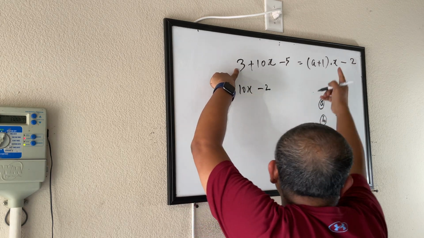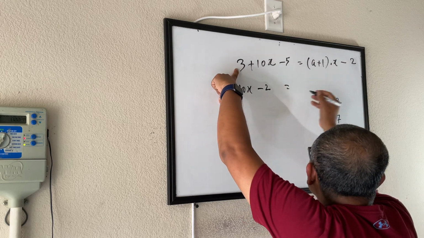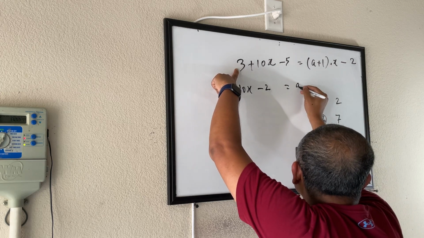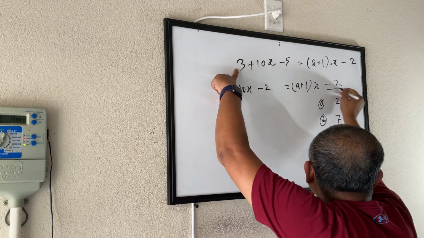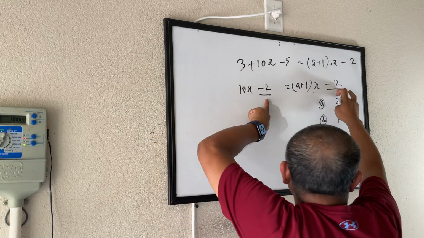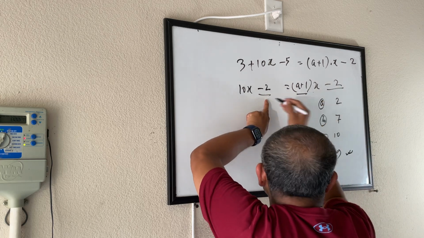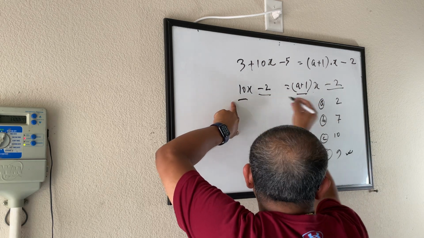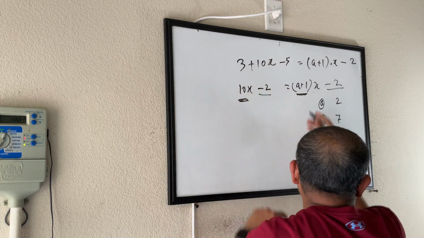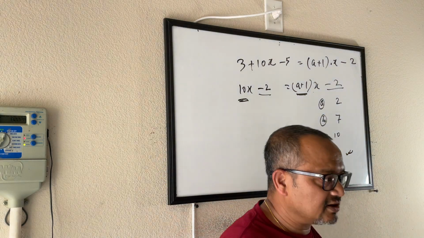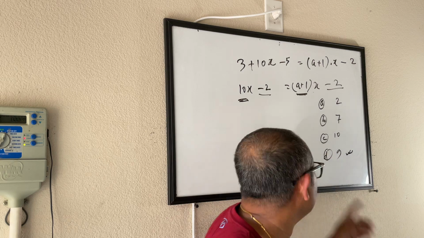Here I have (a plus 1) times (x minus 2). So the y-intercepts are anyways matching. My slope has to match. Here 10, here I have a plus 1. No big deal, it's 9. 9 plus 1 gives you 10.